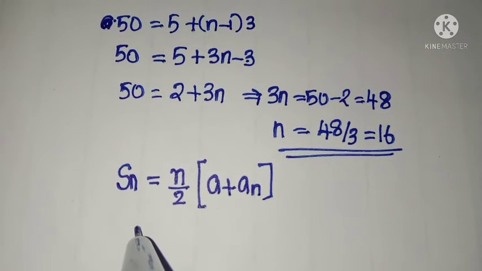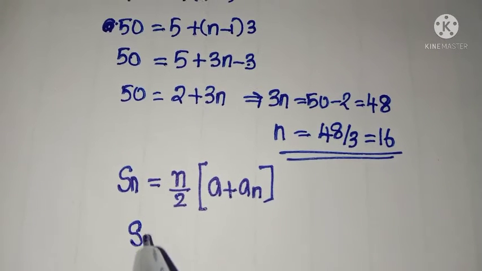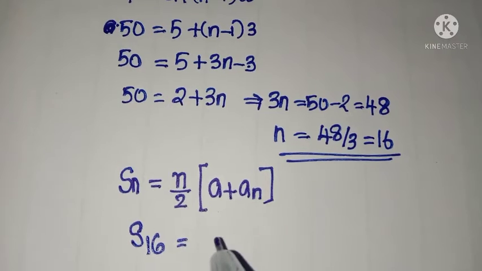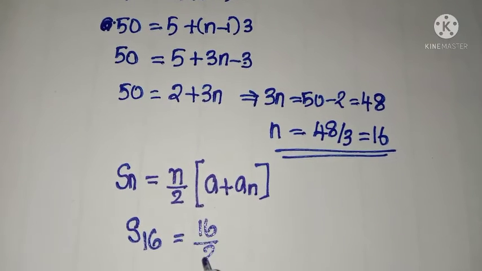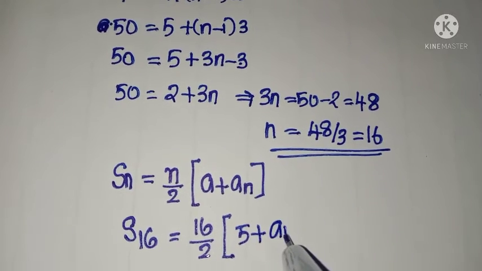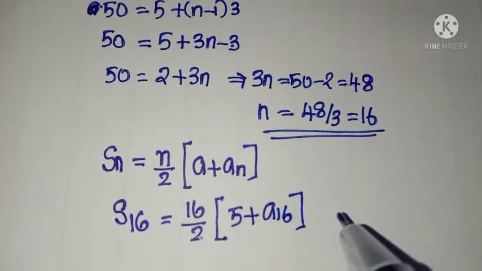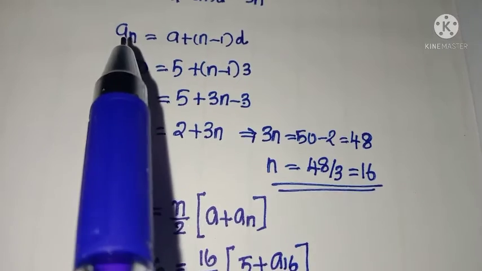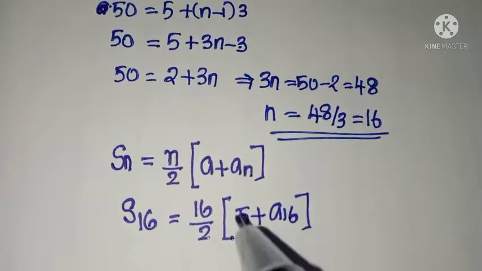Okay. Now what is S16? That is 16 by 2 into a, that is 5 plus a16. a16 is given, a16 is equal to 50.